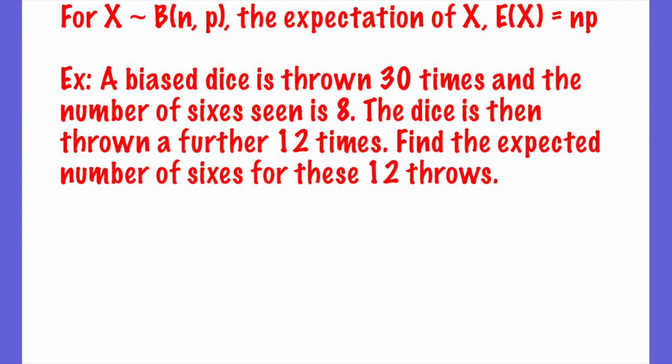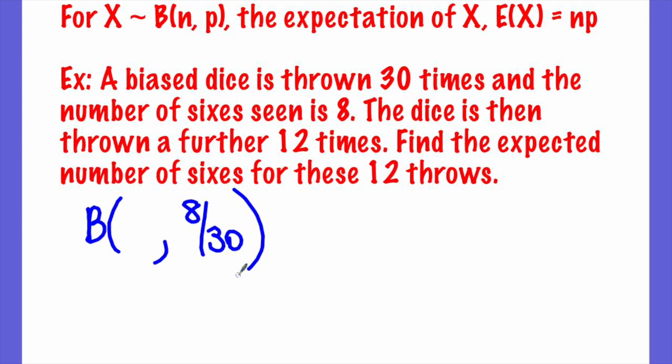So if you have a biased dice thrown 30 times and the number of 6s seen is 8, what is your probability of getting a 6? How do you get 4 out of 15? 8 out of 30, and that reduces. Now the dice is thrown a further 12 times.